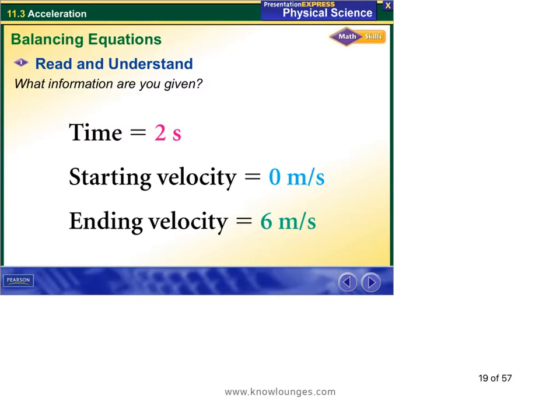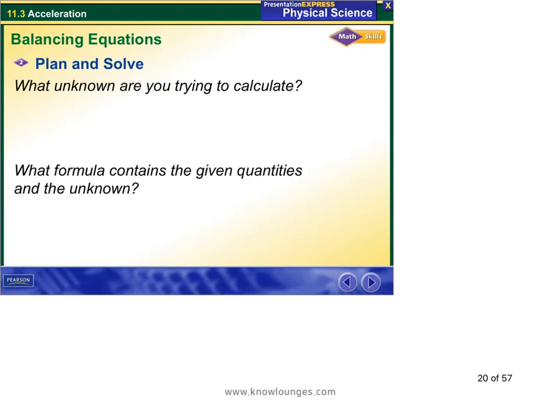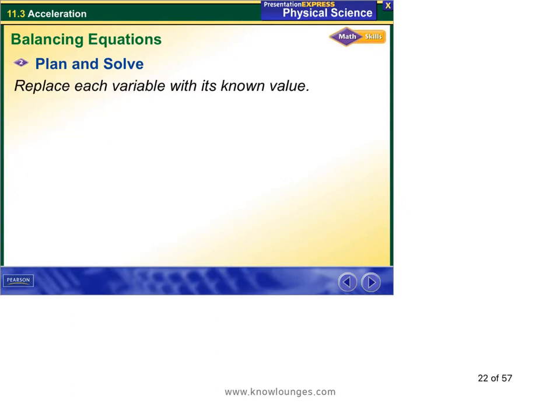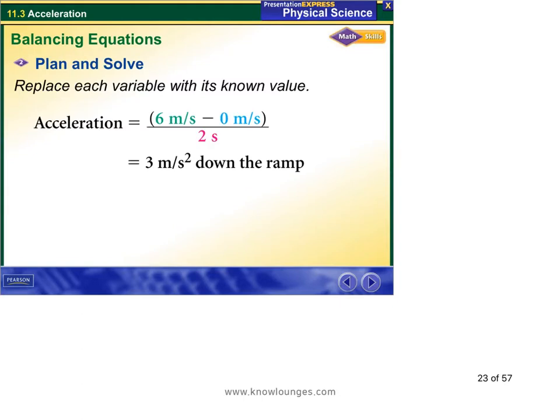Again, they wrote out some information, tried to figure out what they came up with a formula. They substituted into the formula and did a little calculation, getting the same answer.